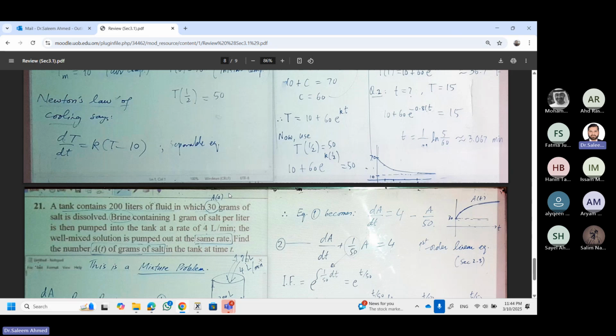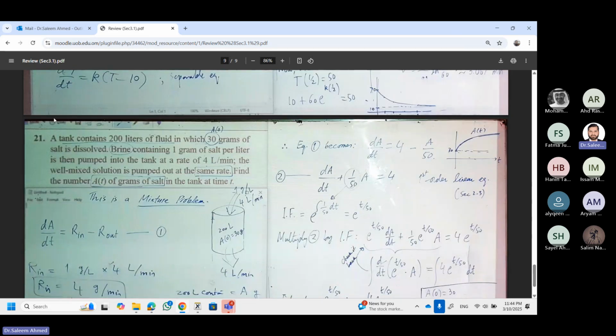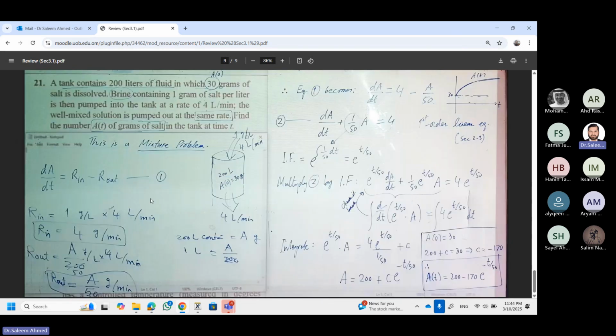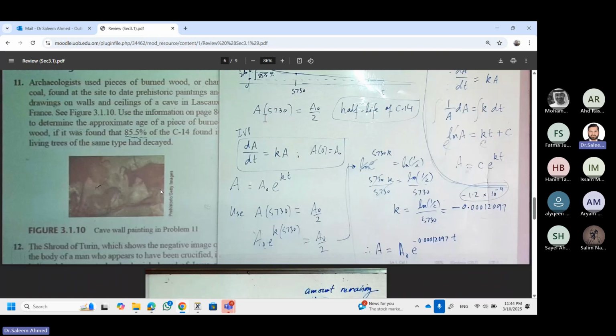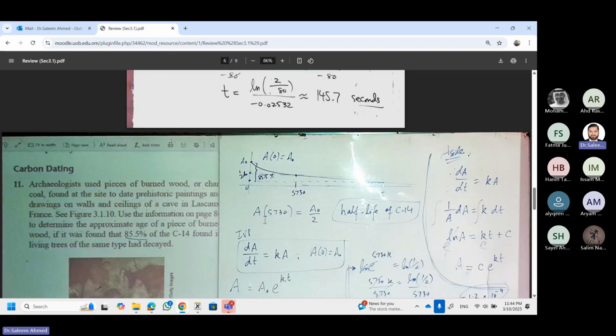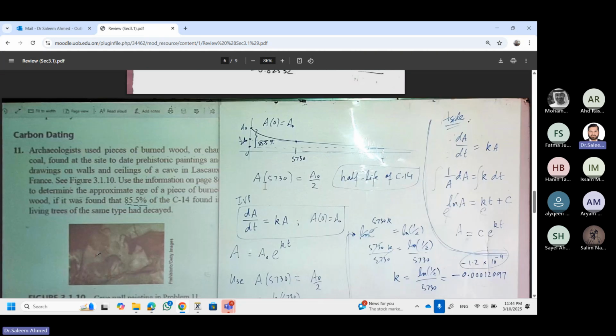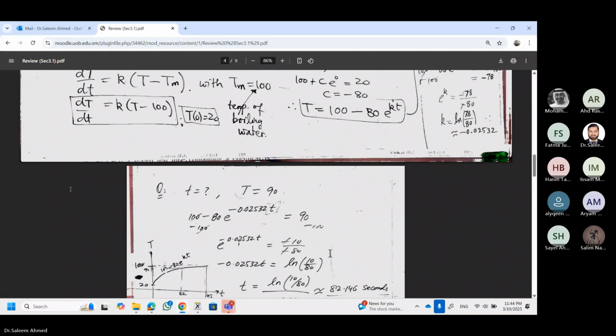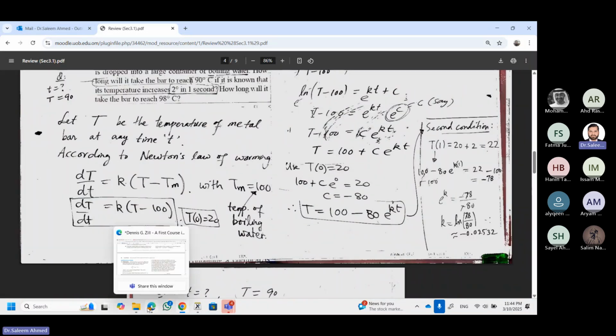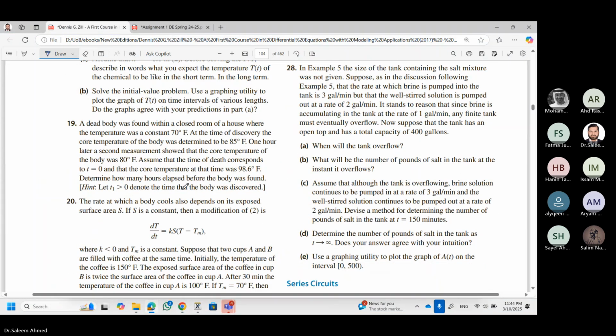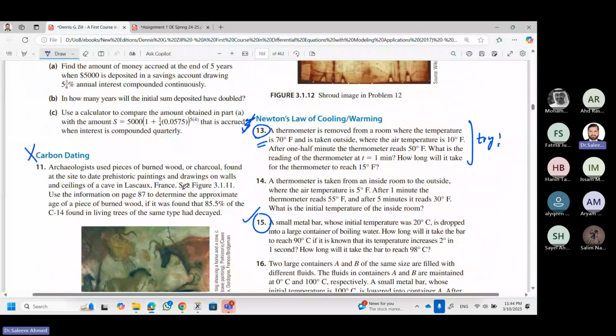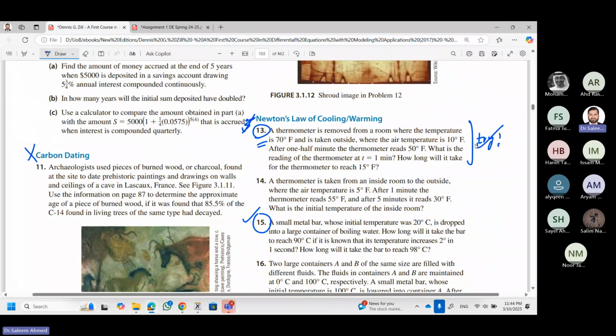So maybe just go through these exercises. Leave this 21 because I said leave the mixture problem and leave the carbon dating as well. Okay. So for now, just leave these 2. Do 1, 3. And now I can see this is also solved, so no need to.